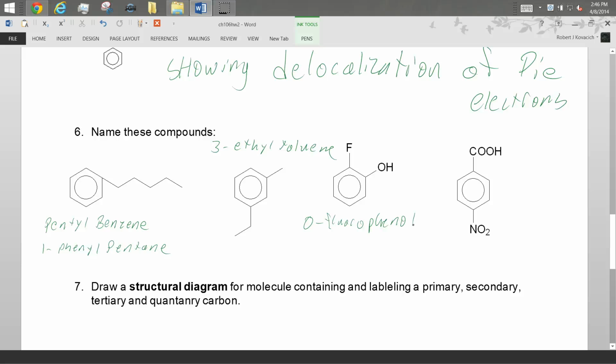You could also always call it benzene and then just name the things attached to it. So this is a hydroxyl group attached and a fluoro group attached. Fluoro F comes first, so that'd be 1. So you call it 1-fluoro-2-hydroxybenzene. That works.